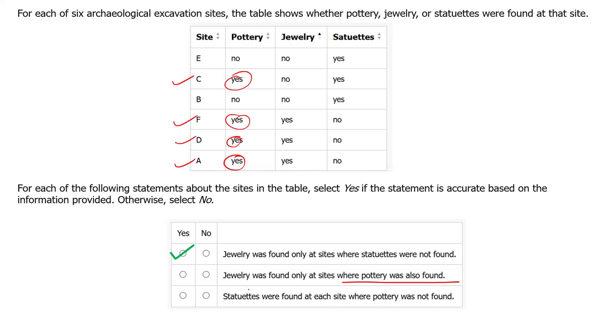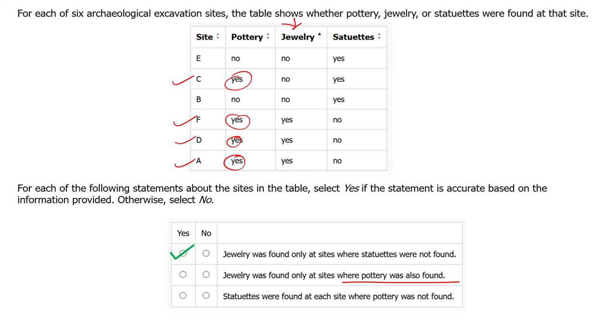Now, jewelry was found. What do you guys think about this? Now, this one is tricky, guys. Jewelry was found only at sites where pottery was also found. What do you guys think?